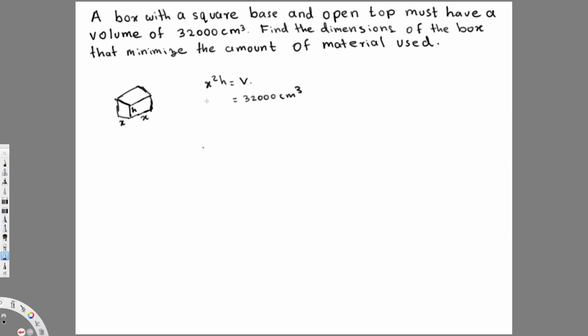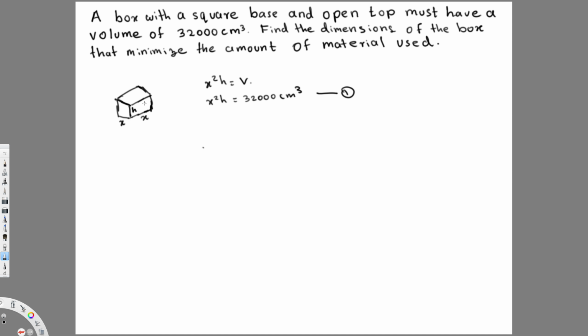Since they are asking for the material used, in this case we have to use the area to find these dimensions, right? To find the area, we have in total 5 sides. The top side is open, so we shouldn't forget that.